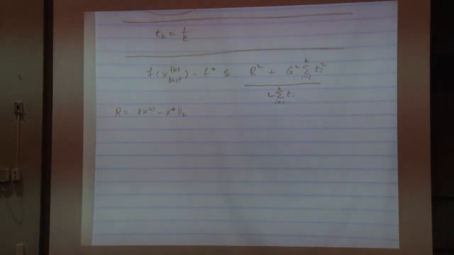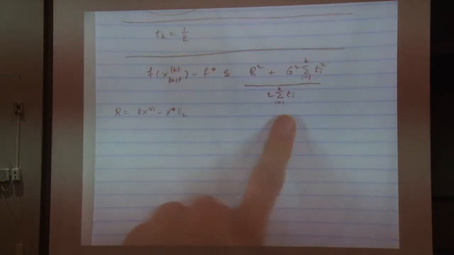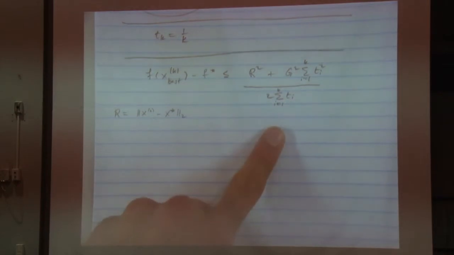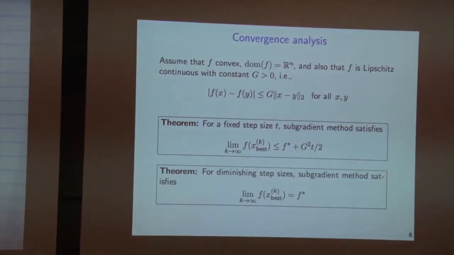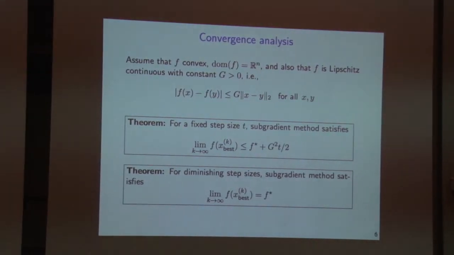Now from this, we can actually read off the results for the convergence analysis that we saw directly. Let's first take tk to be t. So let's look at the fixed rule.